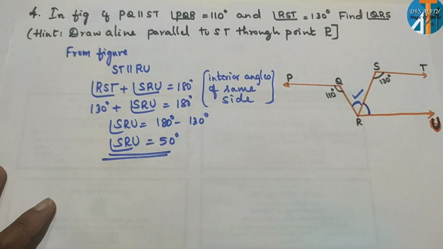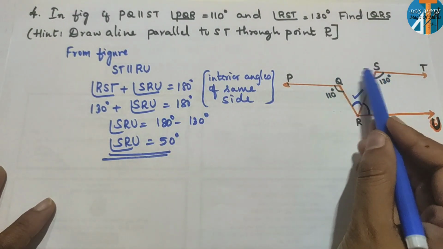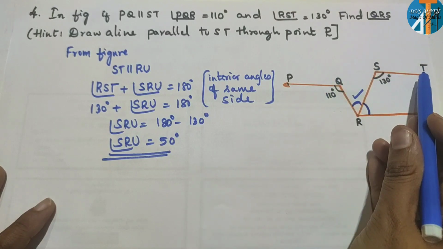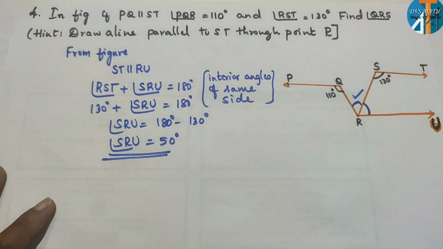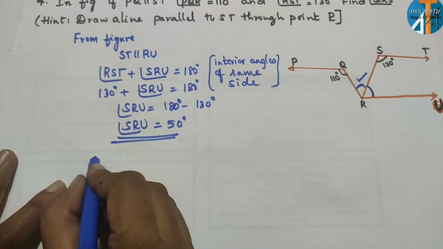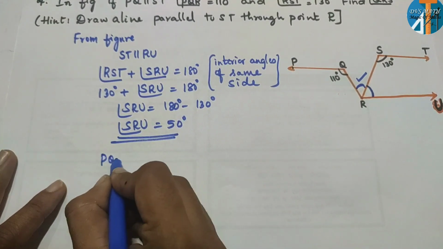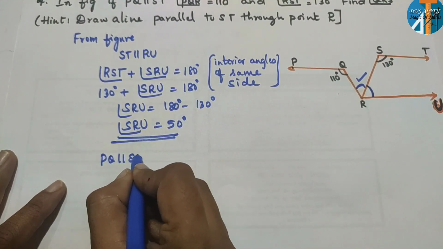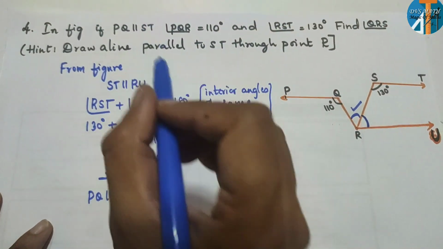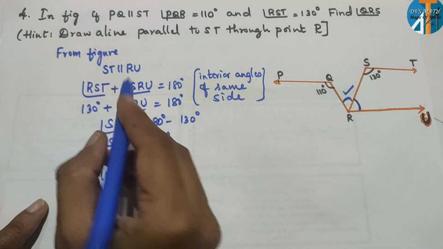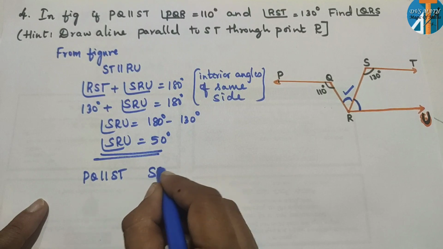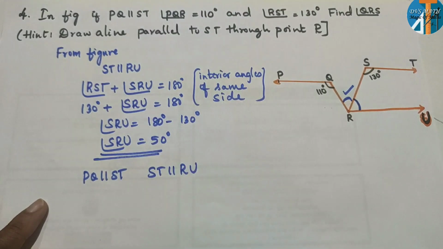As they said, PQ is parallel to ST, as given in the question. But from our construction, ST is parallel to RU, right?